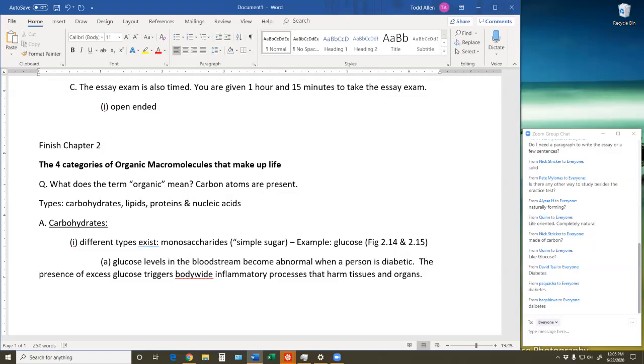So that little simple sugar on page 32 of your book, when it's high in your blood plasma in an uncontrolled, unregulated state, such as in people that suffer with diabetes, actually triggers an inflammatory process that is harmful to your body. We will talk about diabetes in some more detail in a future chapter. So we're just touching the surface of the iceberg at this point. Do you have any questions?